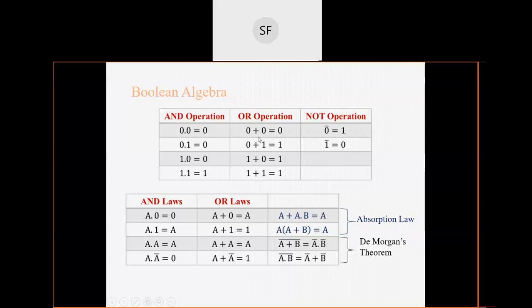So again I am telling you, this is not addition, this is the OR operation. Similarly, the complement is the NOT operation. The complement of 0 equals 1 and the complement of 1 equals 0. Okay, so these three operations are very basic and you should remember them.